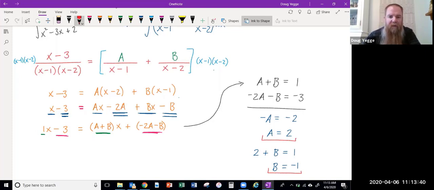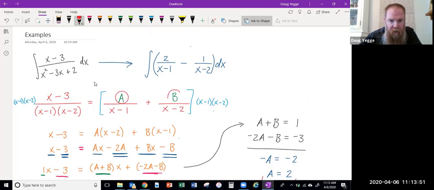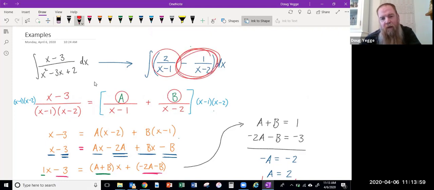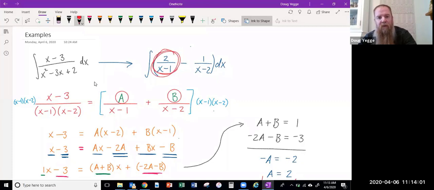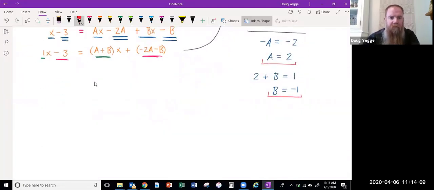Now we've got to go back to the original problem and realize what the whole point of this was. Notice that we've just determined what a and b are, which not surprisingly turn out to be the exact same things we knew they were going to be at the beginning. The whole point of finding a and b is so that we can now rewrite this integral.